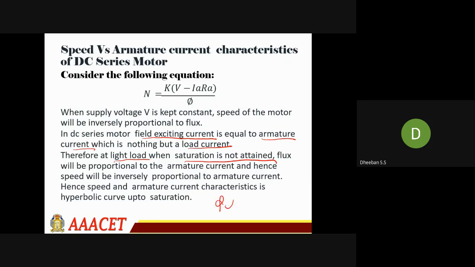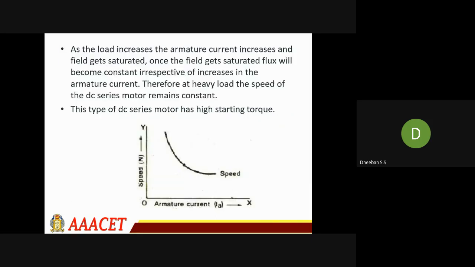Phi will be directly proportional to IA, and hence the speed will be inversely proportional to your armature current, that is, N is proportional to 1 by IA. Hence the speed and armature current characteristics will look like this, like a hyperbola.